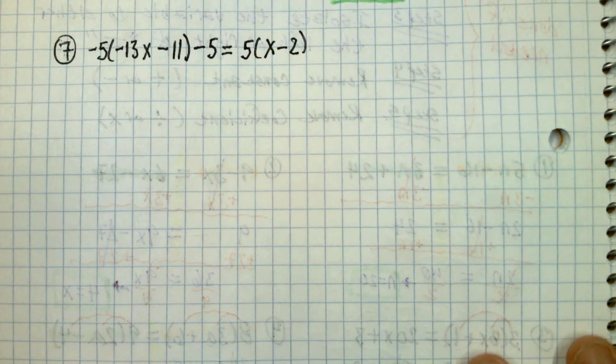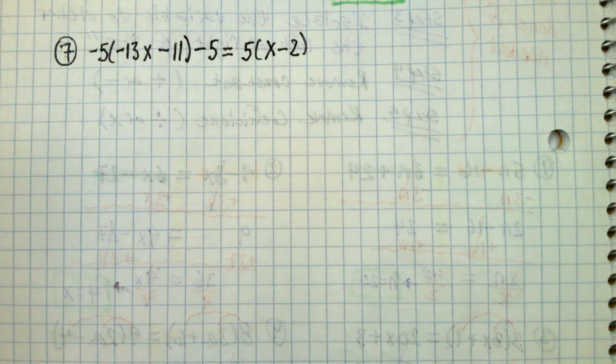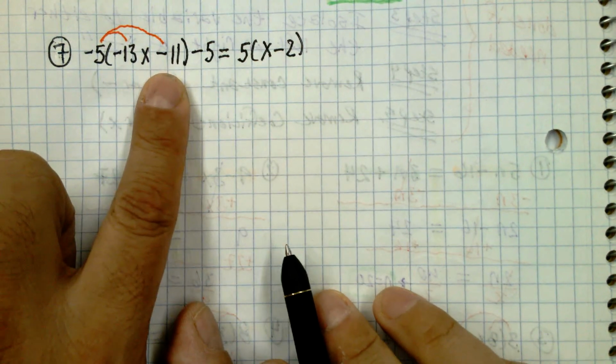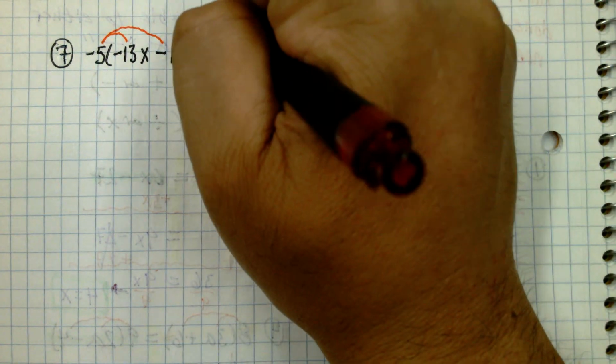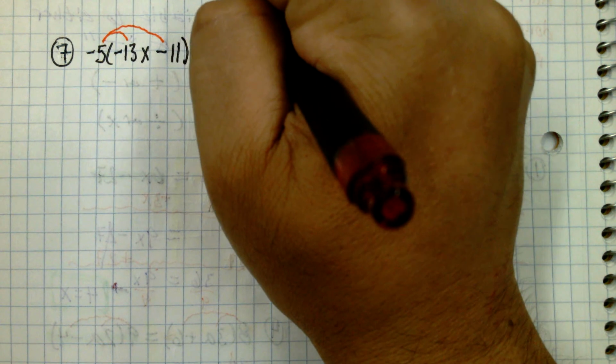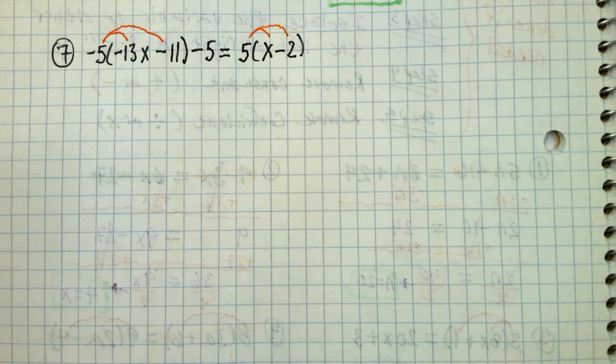All right. So we do have parentheses, so we do have to distribute on both sides. Here, we'll distribute negative 5, and then we only distribute to whatever terms we have in the parentheses. On the other side, we'll distribute positive 5 to these two terms, okay? So let's go ahead and do that.